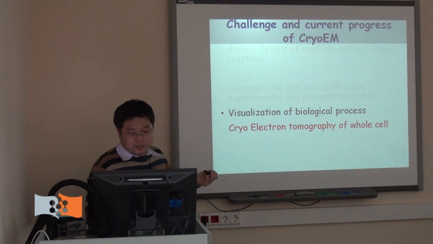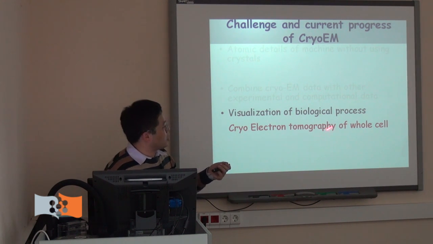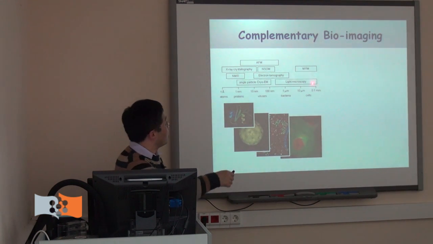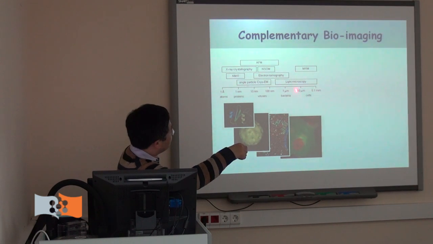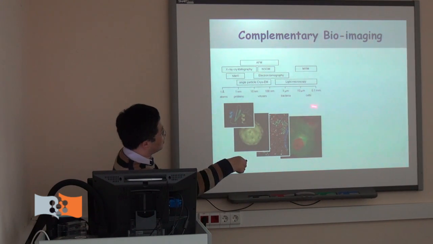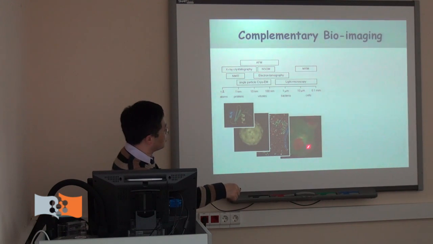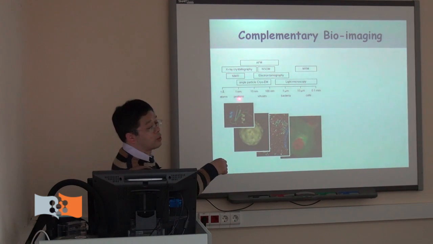The third trend is that we want to do electron cryo-ET of the whole cell. This is the area of cell biology. We use light microscopy, for example confocal, and you can see the whole cells. And then we use NMR or crystals for proteins.